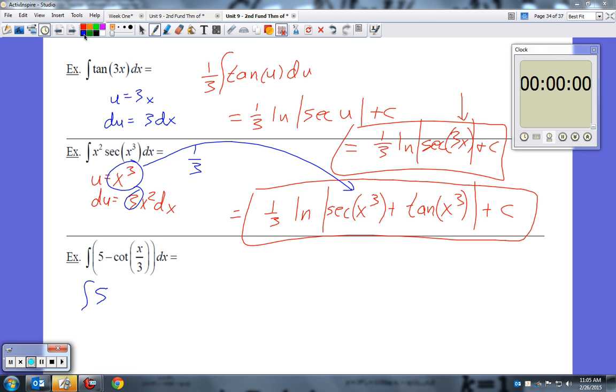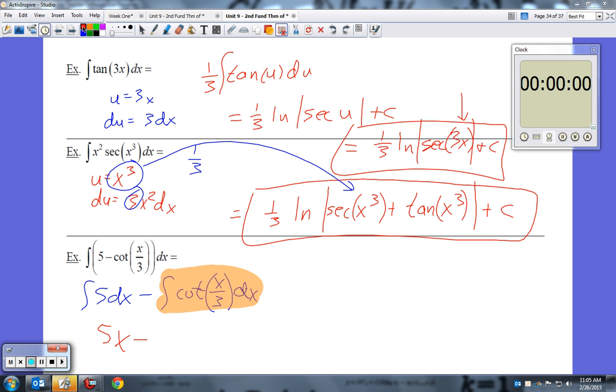The integral of 5 in respect to x minus the integral of cotangent of x over 3 in respect to x. Now you really only have one problem. The cotangent of x over 3. Because you know this piece over here is going to become 5x minus something. So what's the something that we're looking for? We're looking for that. So don't even pay attention to that negative sign. We're just going to solve it as if it was cotangent of x over 3 all by itself.